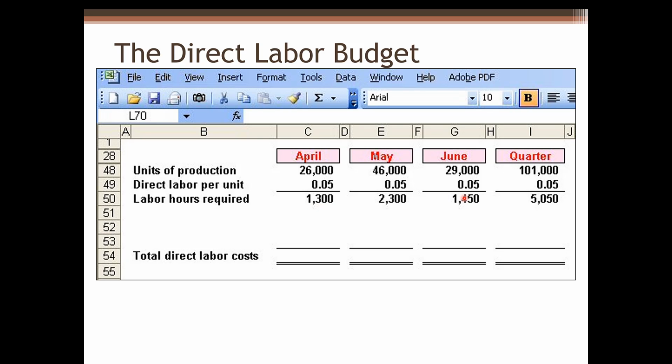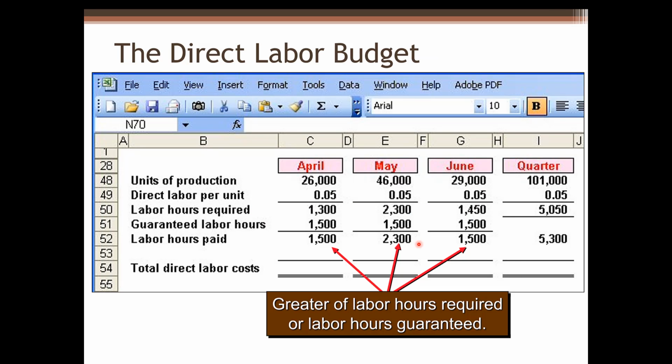So for April and June, labor hours required are less than 1,500 hours, but because of the no layoff policy, the company still needs to pay 1,500 hours to employees.